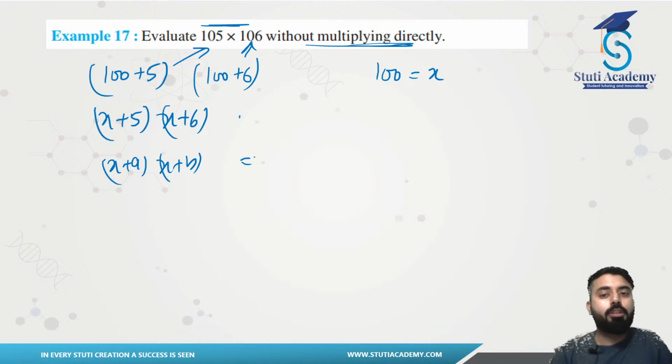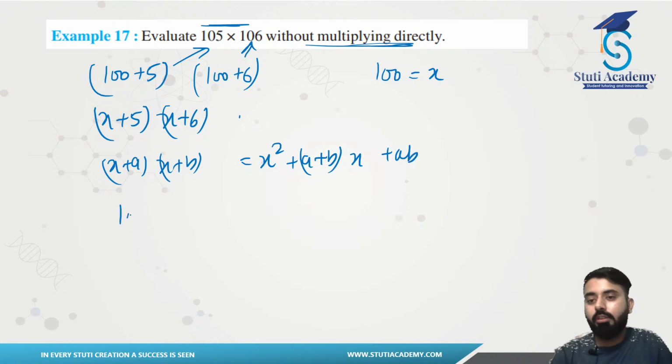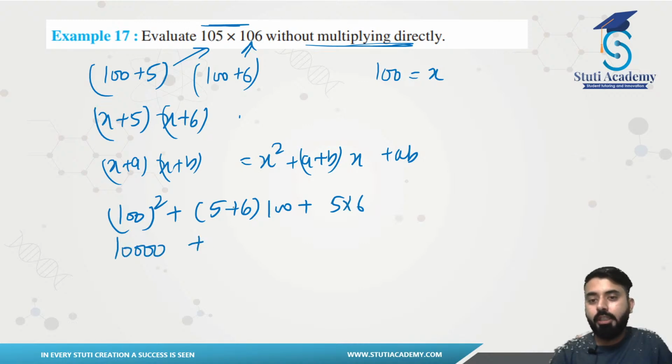So it will be x square plus (a plus b)x plus ab. So this should be the square of 100, plus (5 plus 6) into 100, plus ab, 5 into 6. So this should be 10,000, that will be 1100, and this will be 30. So add them, you will be having what?